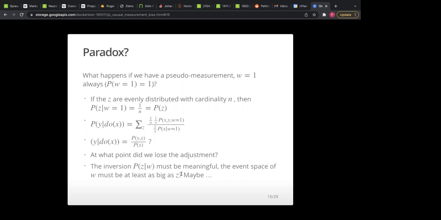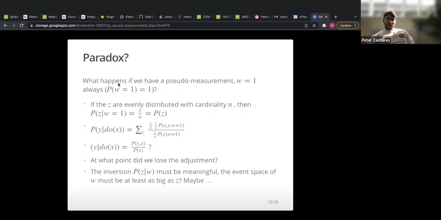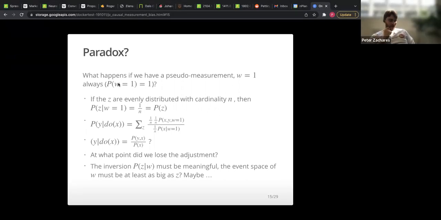For a continuous relationship, I don't know the math enough to know what sort of conditions this would put onto those relationships.